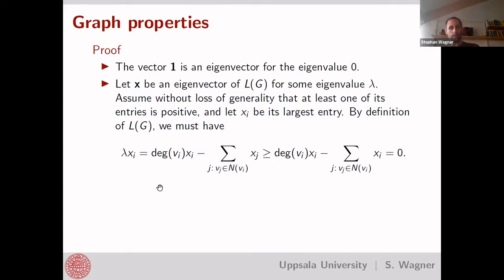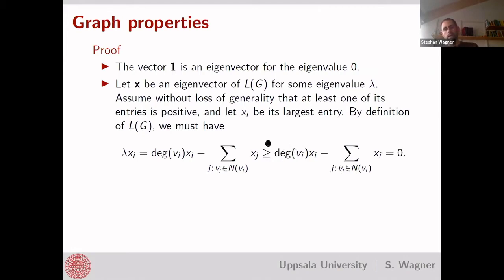By the definition of the Laplacian, we then get this here from the eigenvalue equation. These xj are entries of the eigenvector, so they're at most equal to xi, the largest entry. So we've got this inequality. And then in this sum, xi now occurs exactly as often as vi has neighbors, and that's precisely the degree.